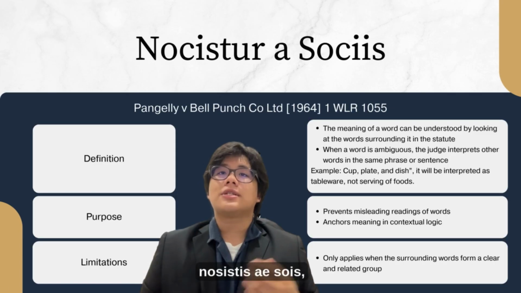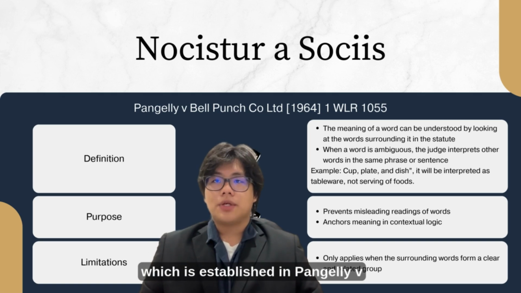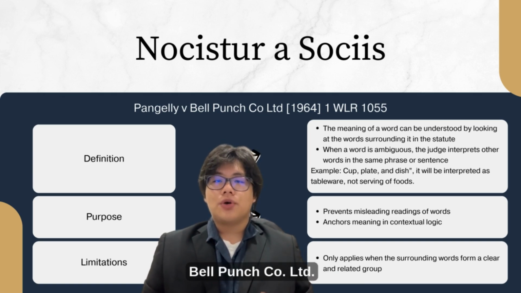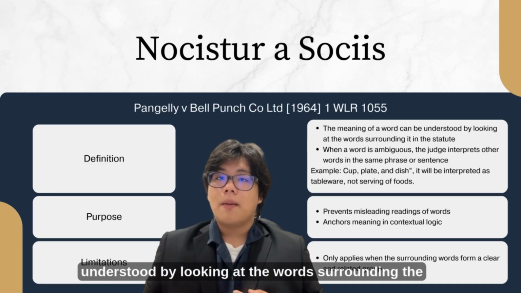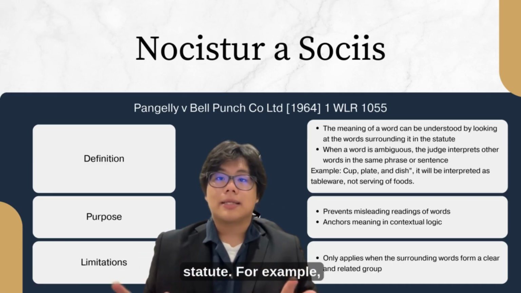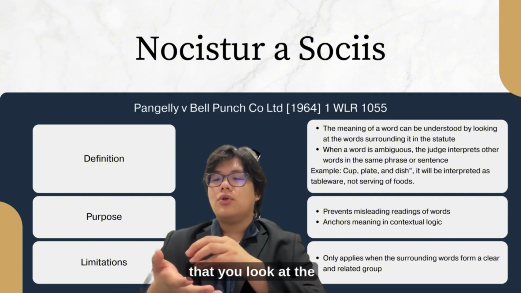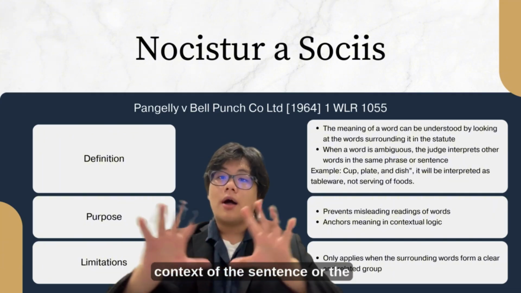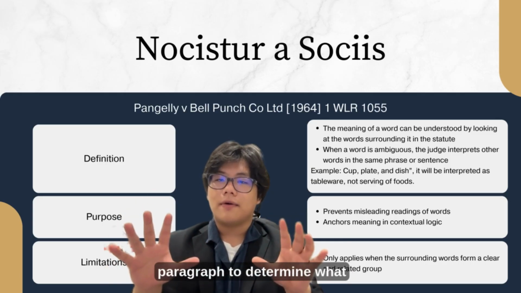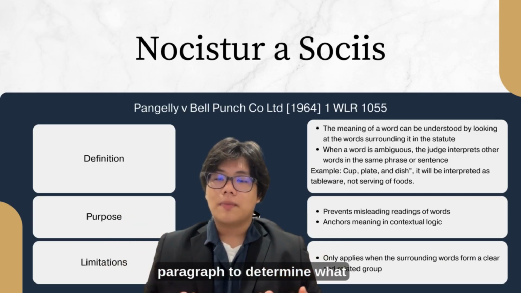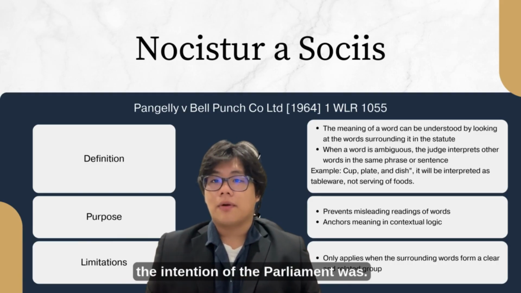The next one is noscitur a sociis, which is established in Pengelly v Bell Punch Co Limited. The definition is that the meaning of words can be understood by looking at the words surrounding them in the statute. For example, you look at the context of the sentence or the entirety of the paragraph to determine what the intention of Parliament was.